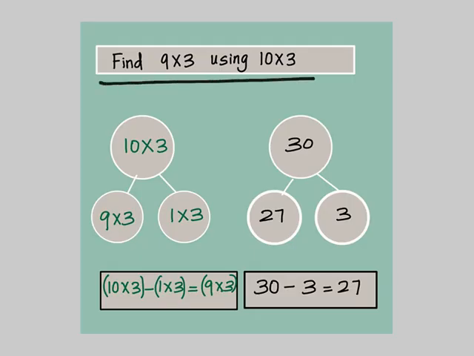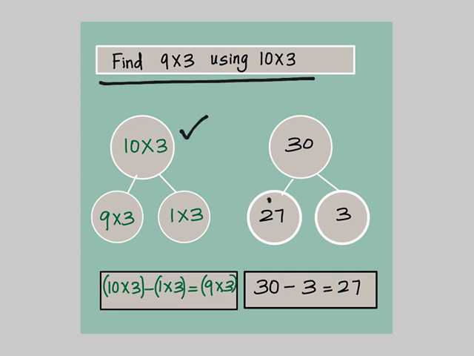Find 9 times 3 using 10 times 3. So in order to find 9 times 3, we can use 10 times 3. So let us write the 10 times 3 as a total.